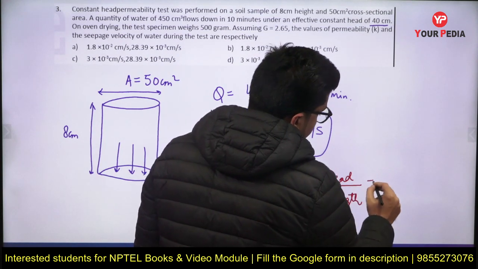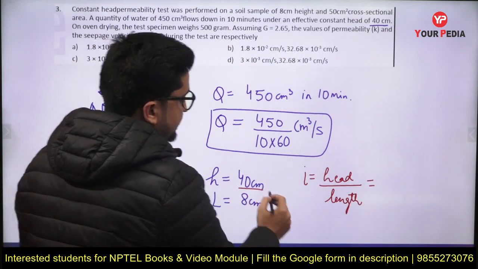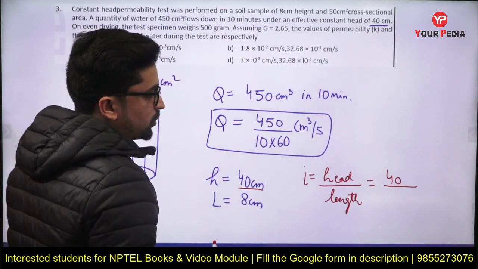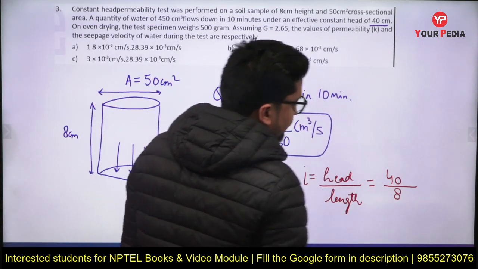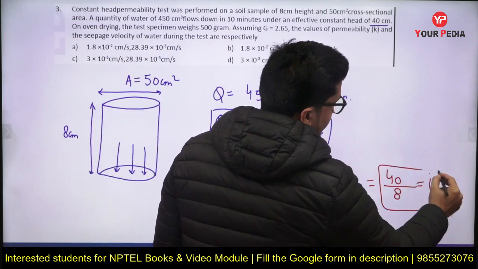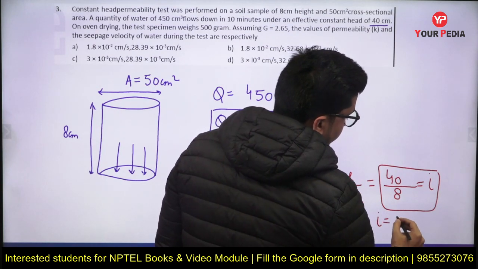Head is given to you as 40 centimeter, so this will be equal to 40 divided by the length of the soil sample, which is 8 centimeter, right. So I will be equal to 40 by 8, or this is equal to 5.